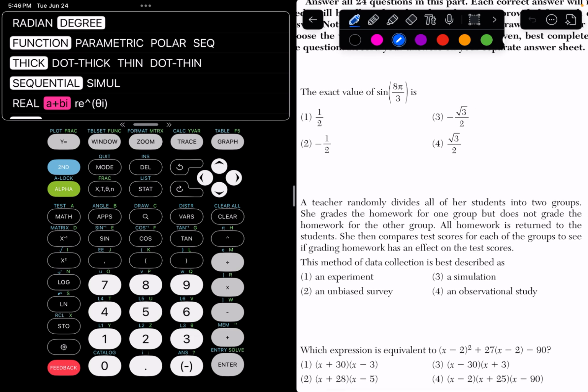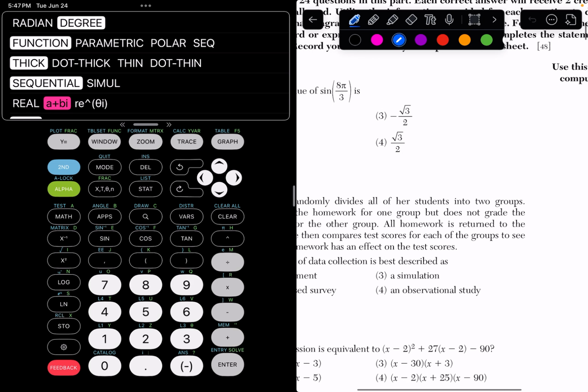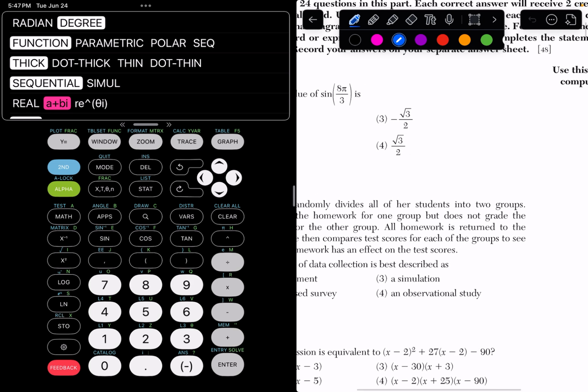So this one says find the exact value of sine 8 pi over 3. Well, 8 pi over 3 is in radians, so we're going to change it to degrees. We do 8 pi over 3, and our conversion factor is 180 over pi, and that's given to you in your reference table.